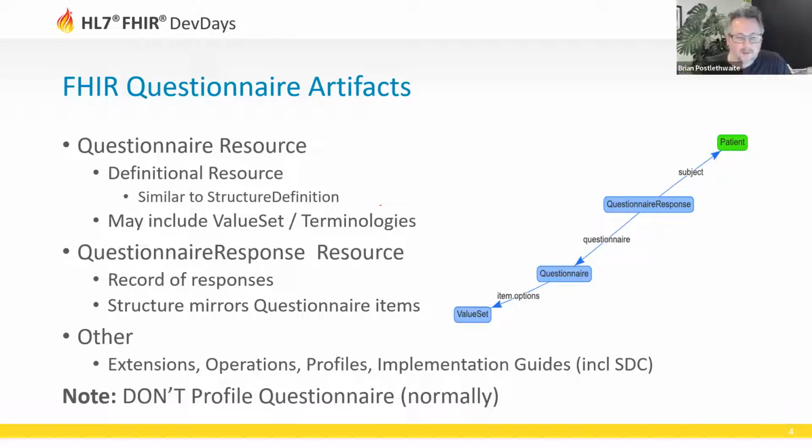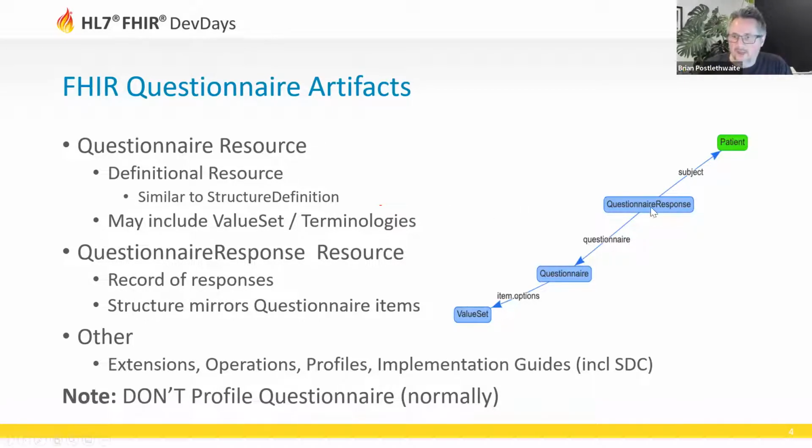So you might create a profile on questionnaire if you wanted to say, all the questionnaires associated with this particular thing, such as social determinants of health, will have this specific baseline. So they must have this particular set of coding, or they'll pull a code out of that particular terminology, and all link IDs must be present. So those types of things. It's not going in and saying, these are the questions. That's the point of the questionnaire.